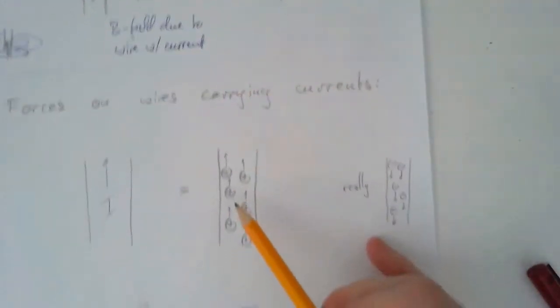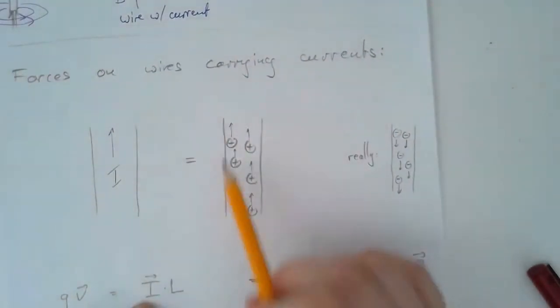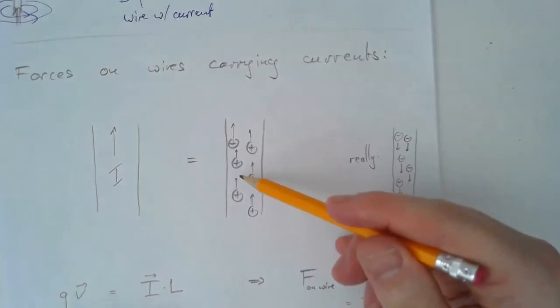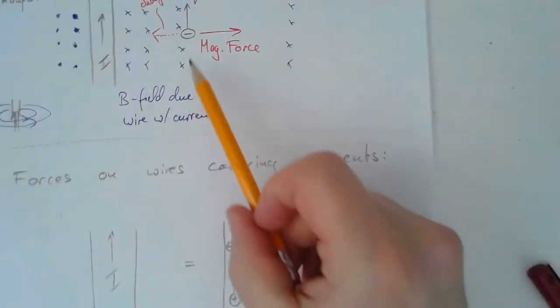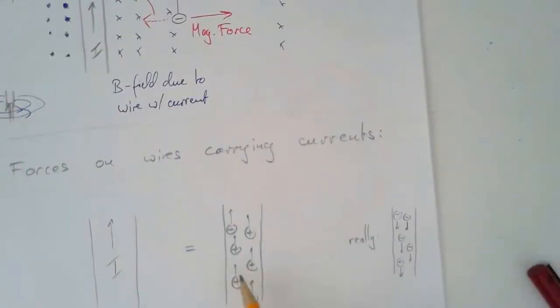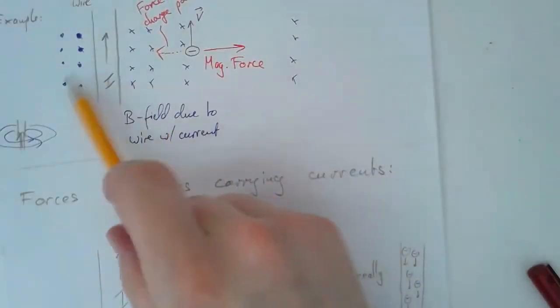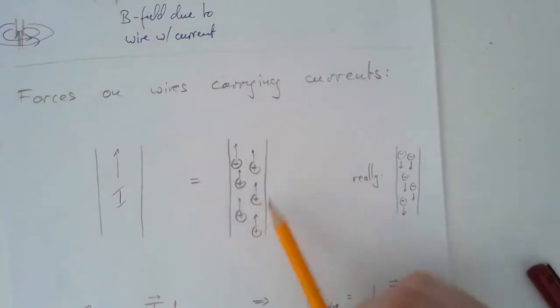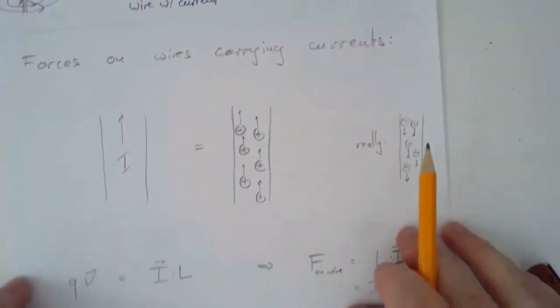But if you pretend your wire is made up of lots of positive charges moving up or negative charges moving down, you're going to get the same result. So the field due to a wire is really just a result of lots of Biot-Savart law applications.